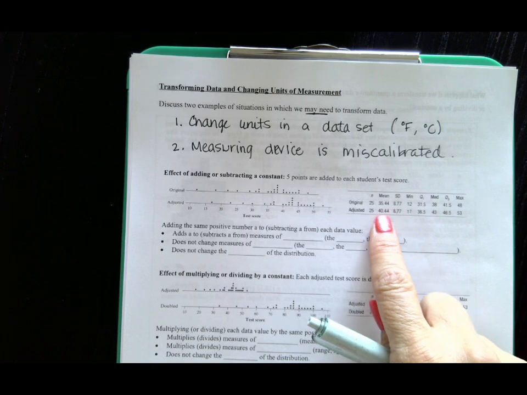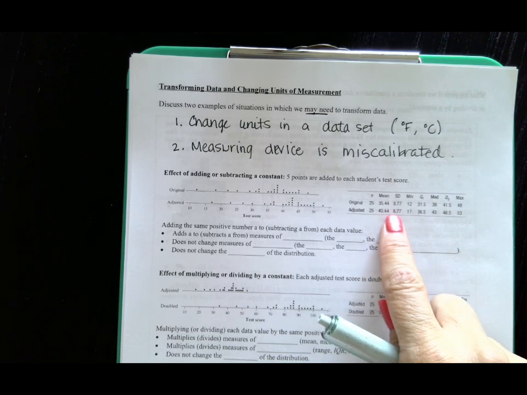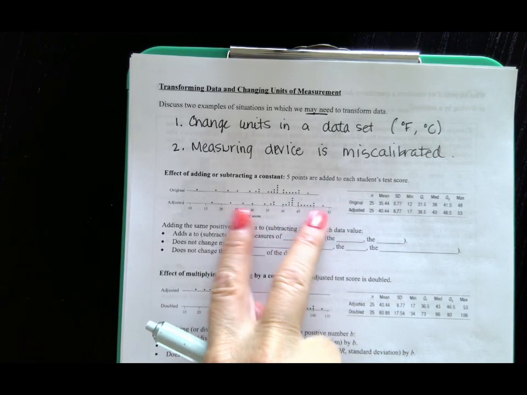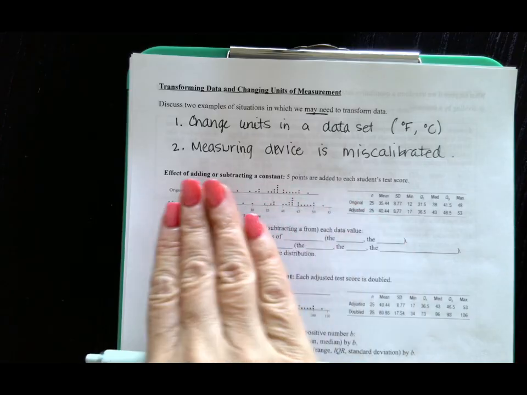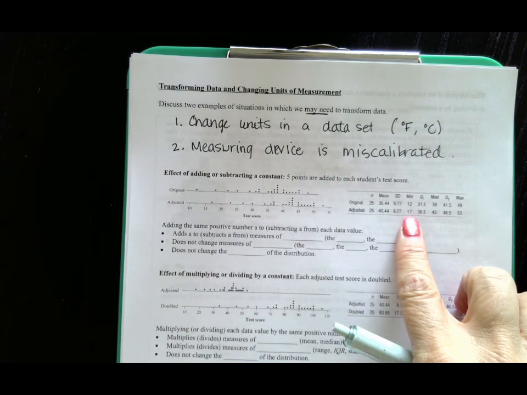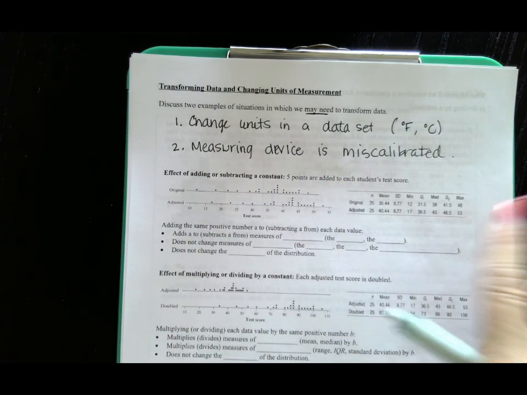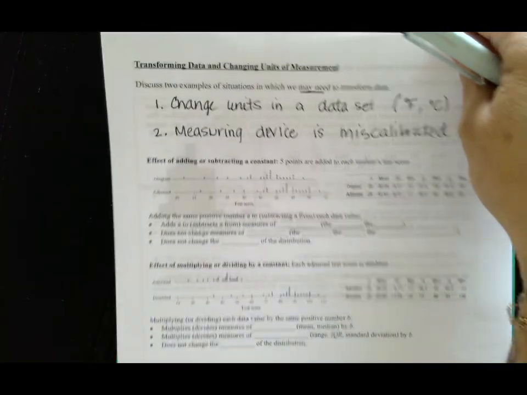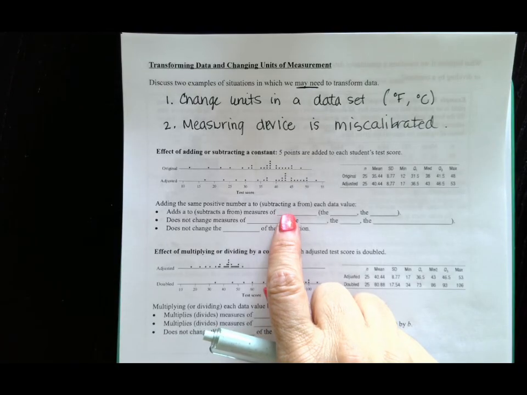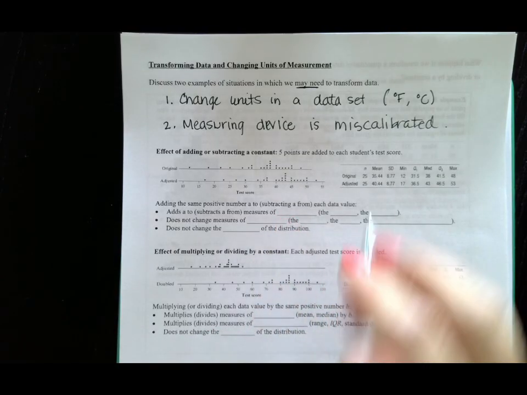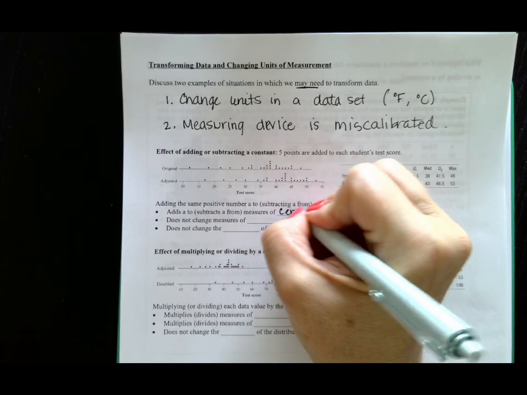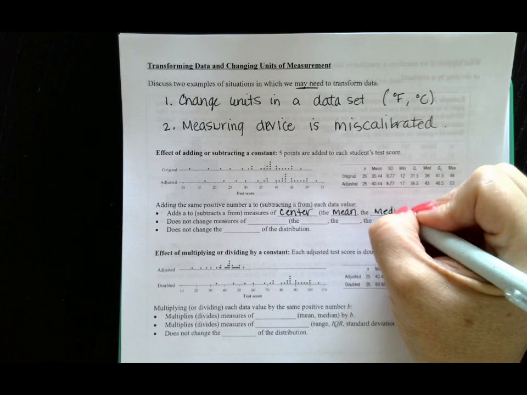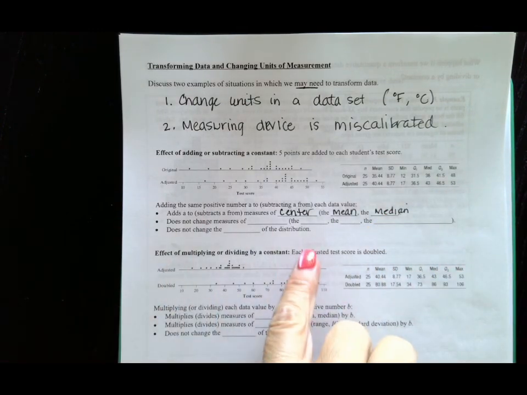And so when I add 5 points, the only thing that happens is it shifts. My standard deviation doesn't change because the distance from the mean didn't change. It just shifted. Same thing here. The only thing that happened is that my values all went up by 5. So if we're adding the same positive number or subtracting the same number from each value, then the measures of center, which is the mean or the median, all we're doing is we're adding.